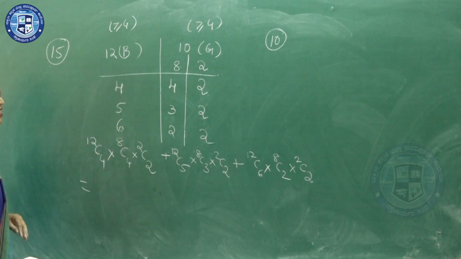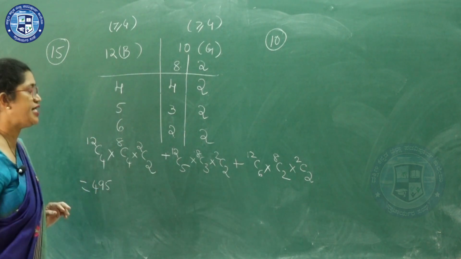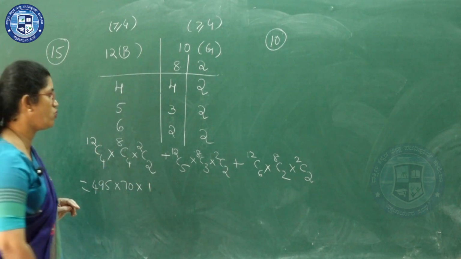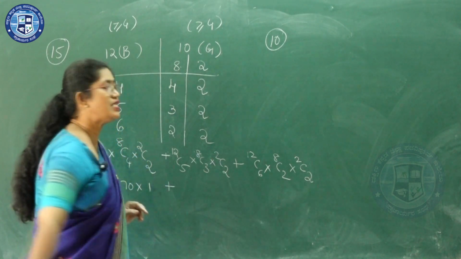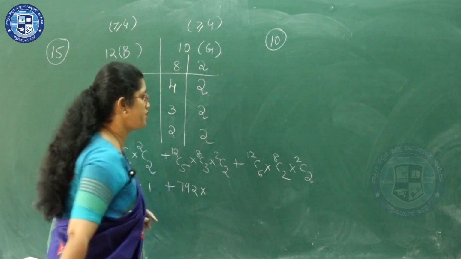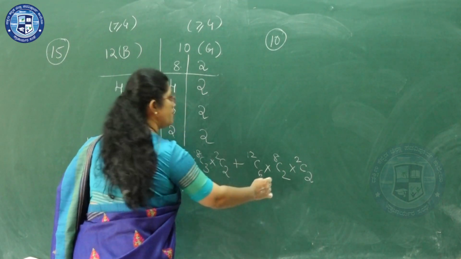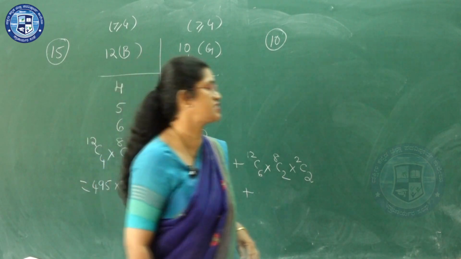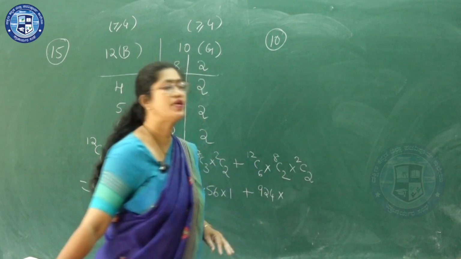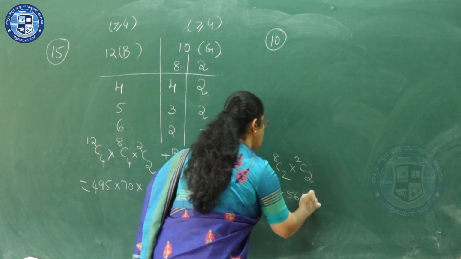Now we'll do the calculations. When you calculate, 12C4 will be 495, 8C4 will be 70 and this will be 1, plus 12C5 will be 792 into 8C3 will be 56 into 1, plus 12C6 will be 924 into 8C2 will be 28 into 1.